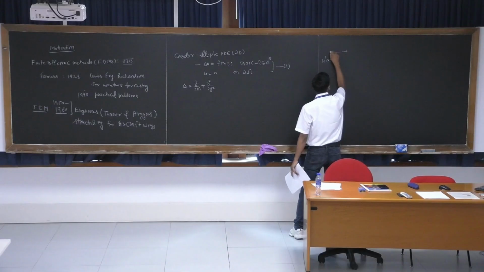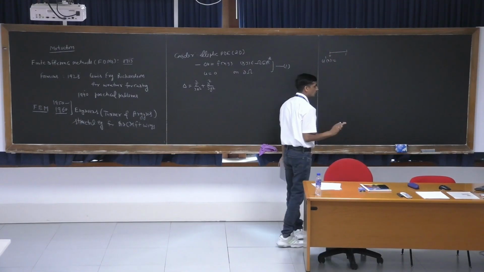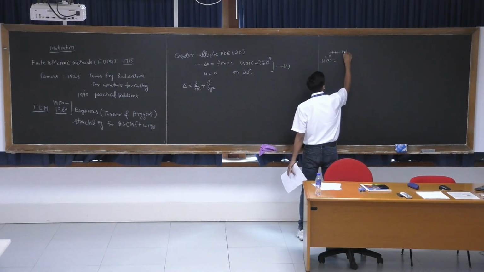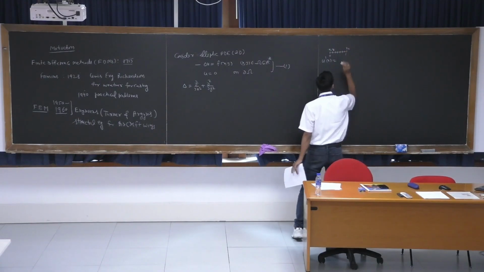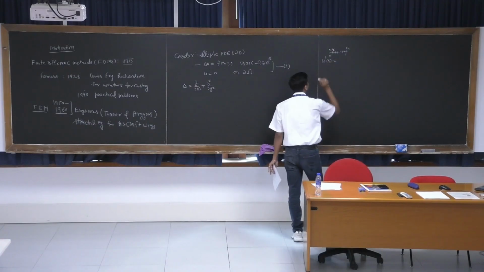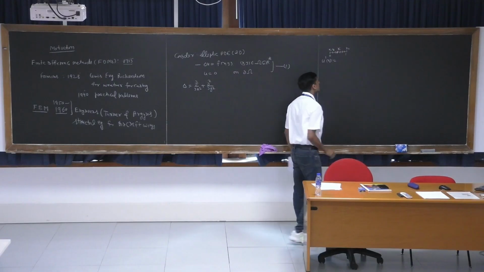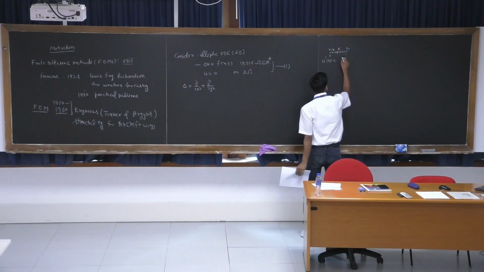First of all, suppose this is a 1D problem, and the domain is 0 to 1. Discretize the domain into, suppose, n points x1, x2, up to xn. So we discretize the derivative at the ith point, because I am using the forward difference method.